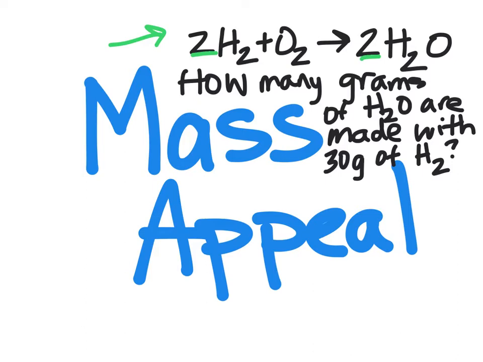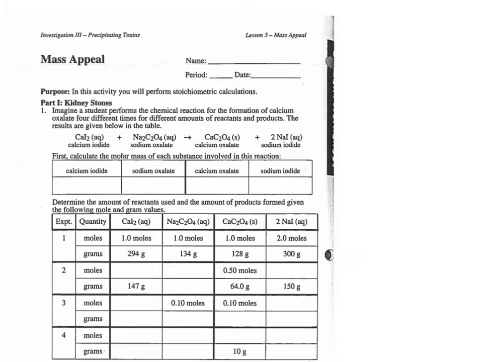So what we're going to be doing is turning these grams into moles, using the mole ratio up here, and then figuring out how many grams of water we can make from 30 grams of hydrogen. So that's the whole gist of this type of work. So let's see how this works.